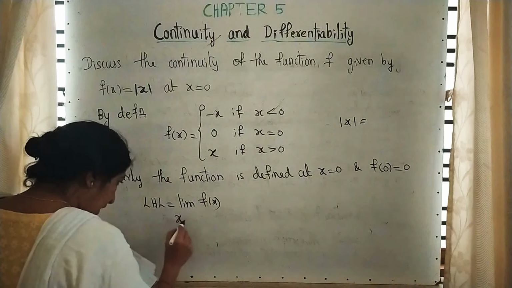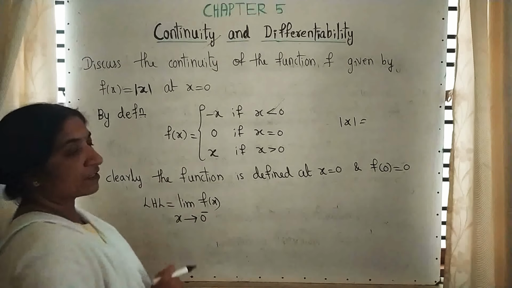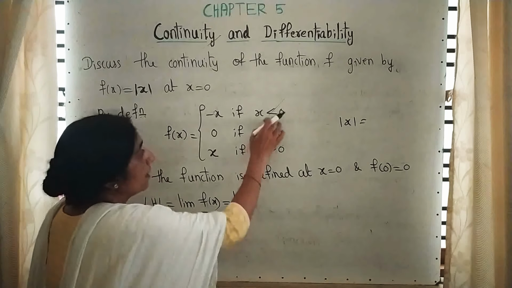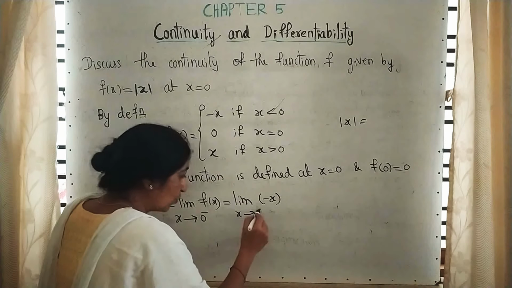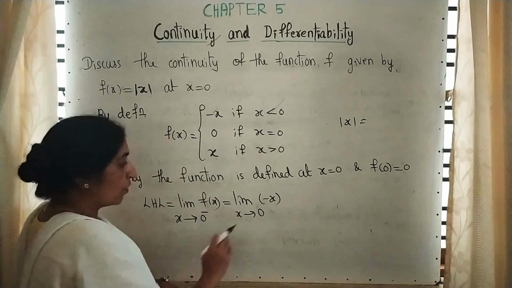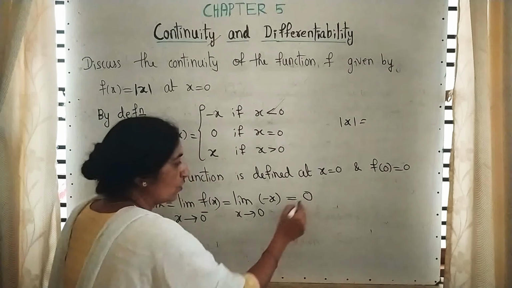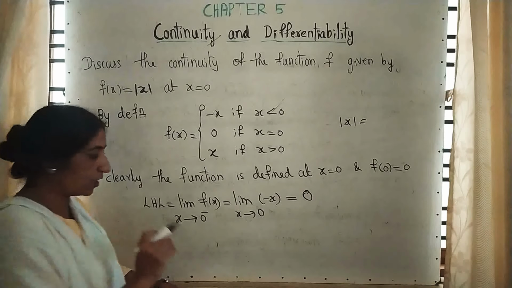And we mark it like this, x tends to 0 minus. That minus above tells you we are writing a left hand limit. So it is the limit of f of x, which means minus x. Now don't write 0 raised to minus because we already took the function. Now wherever x is there, write down 0. And remember, for 0 we do not write any positive or negative sign.